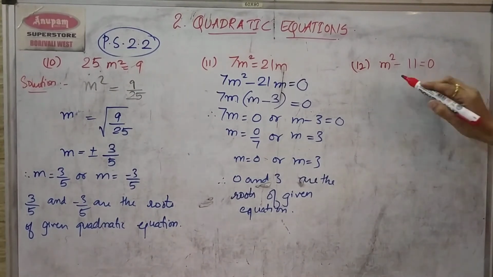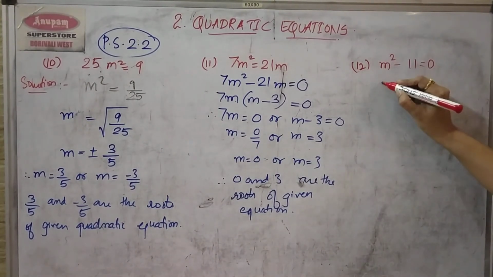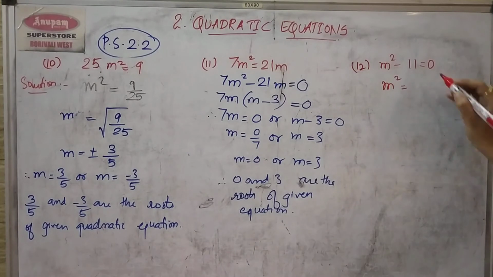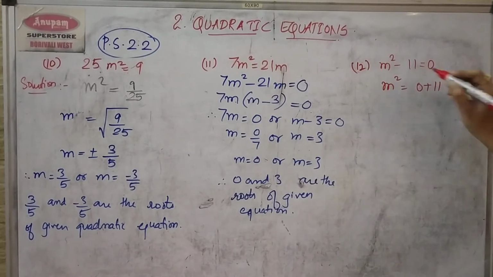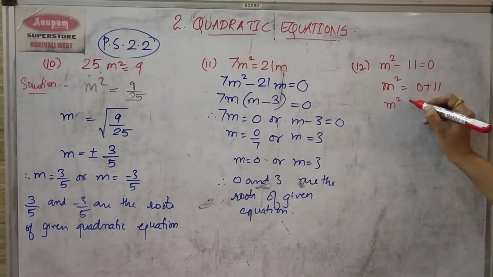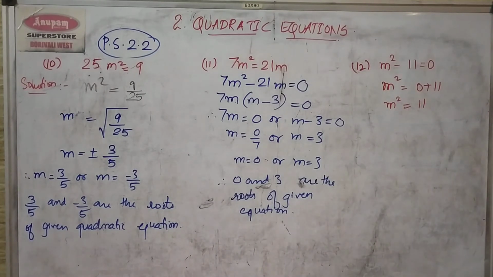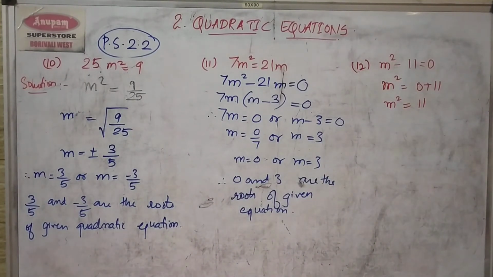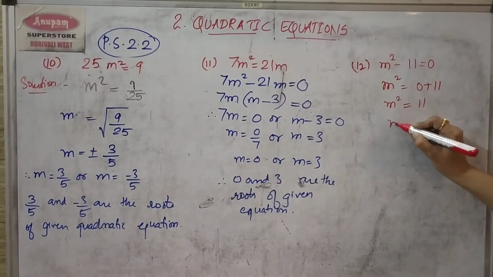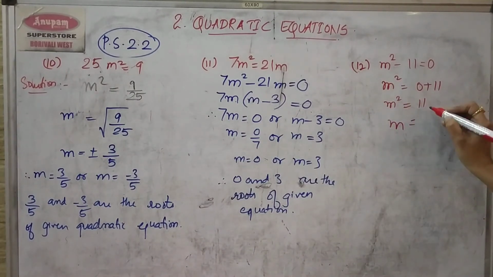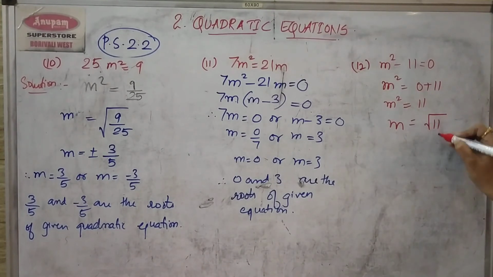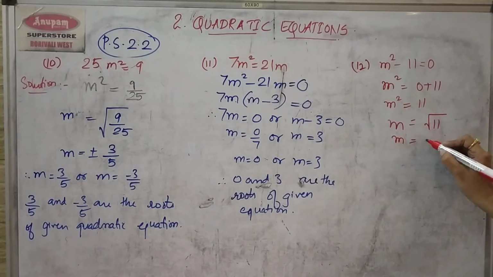Now in m square minus 11 is equal to 0, m square is equal to 0 plus 11. This 11 goes across. So this becomes m square is equal to 11. Now if I want to find the value of m, I am going to find the square root. So if the square comes here, it becomes square root of 11, and square root of 11 will be plus or minus square root of 11, because 11 is not a perfect square and therefore we will not get any simplified answer for 11.